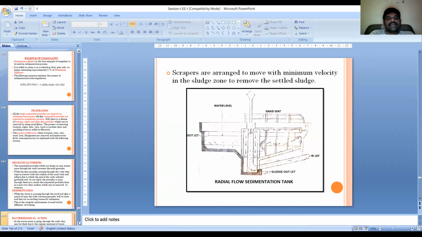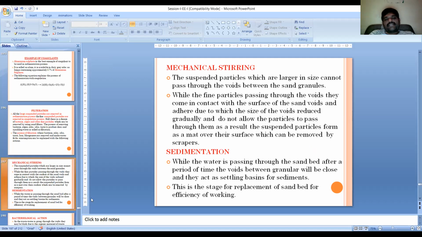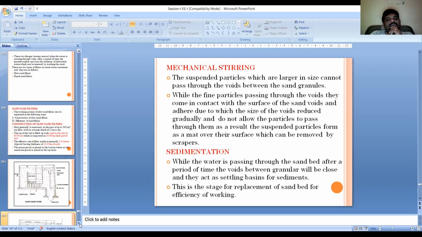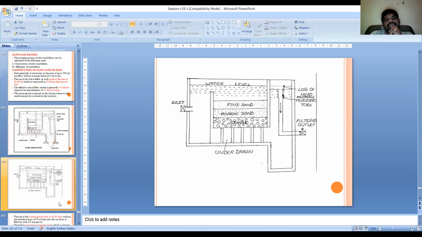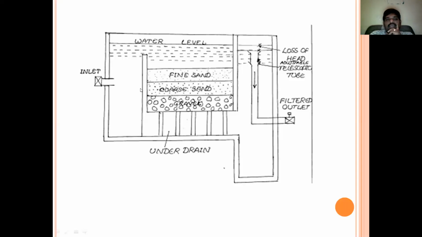Next topic is slow sand filters. We have seen. See here what is happening here. Slowly through water, the impurities may enter into the chamber. Of course, the water will enter into the unit through the inlet.